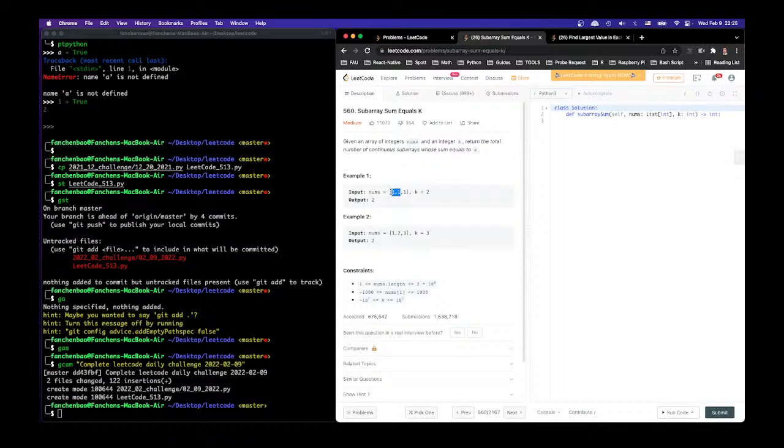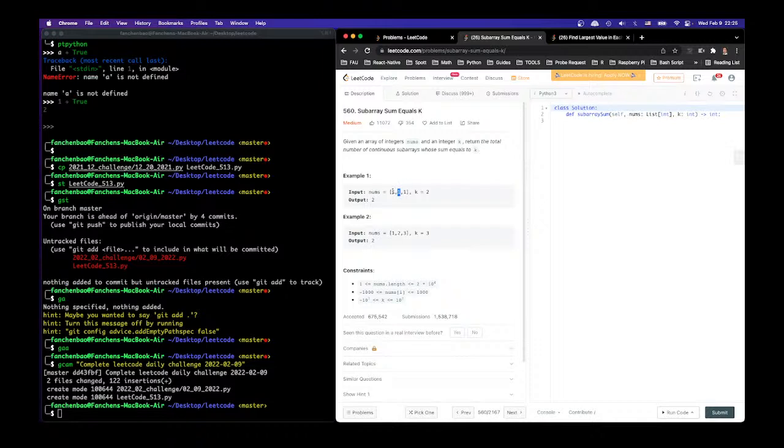So among these, ending at this, we're going to find sums up to 1. And for this, we need to find sum up to 1 and sum up to 2, and we add those together.